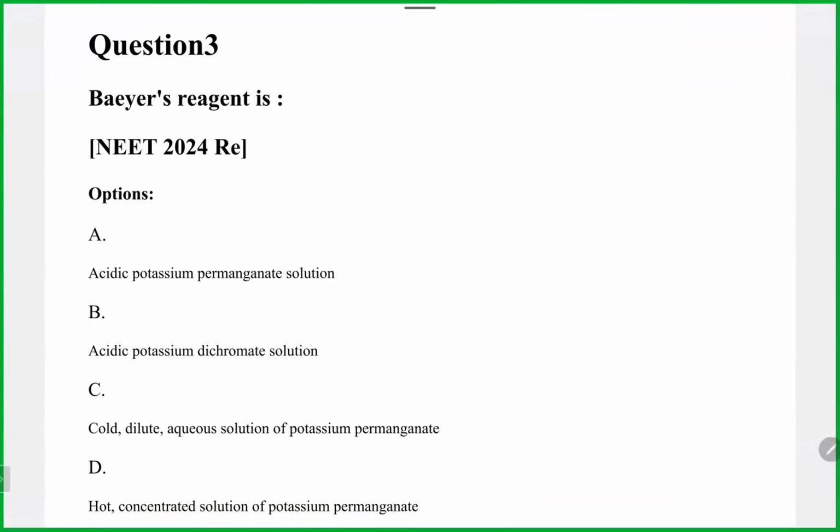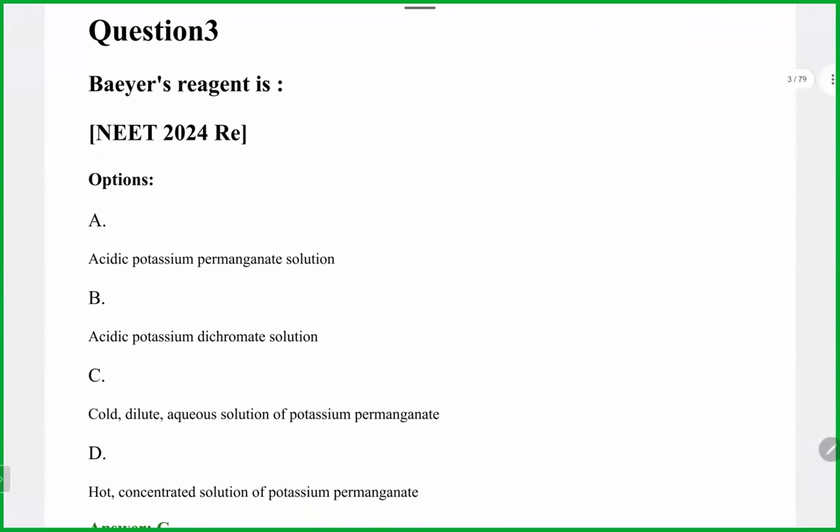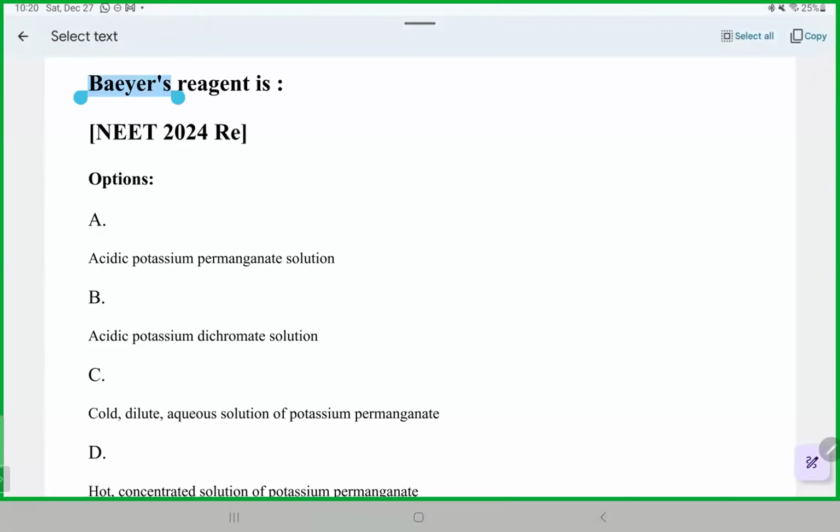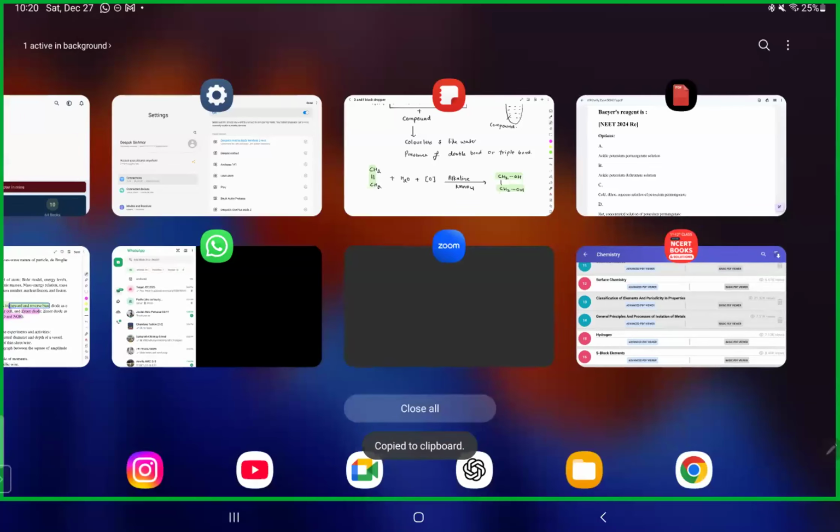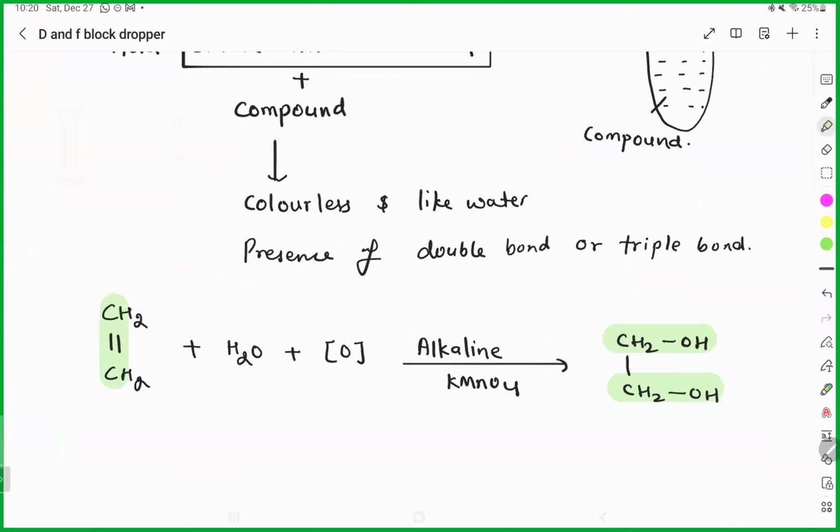Samarth, where else is the same thing given? There's an oxidation in some chapters. Yes, which chapter?